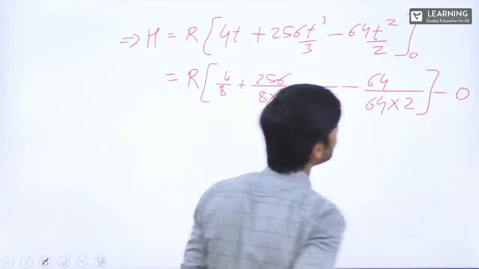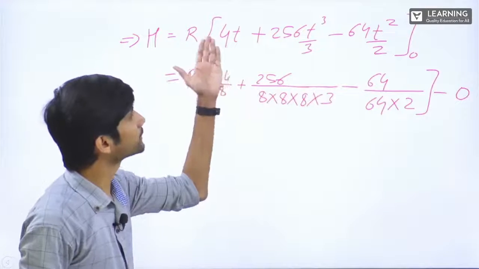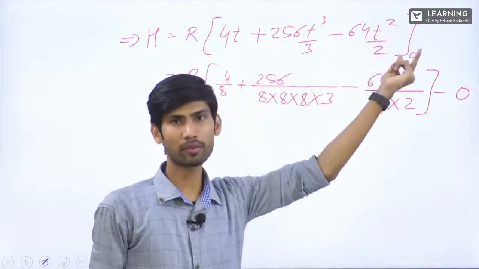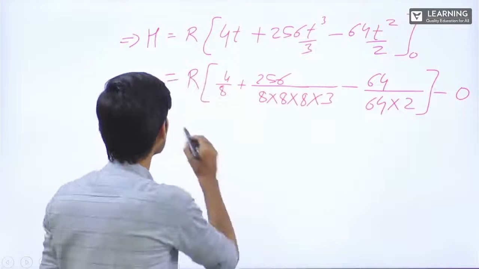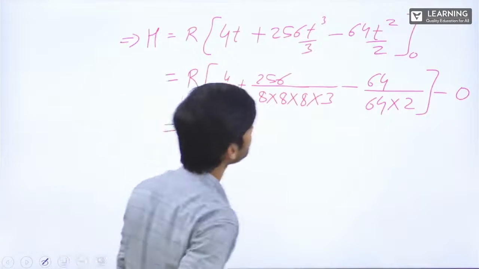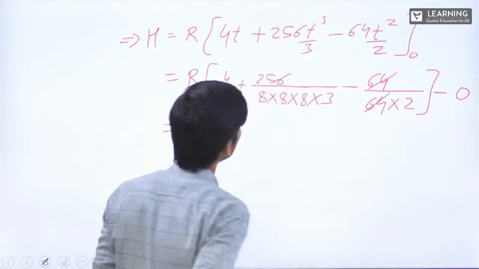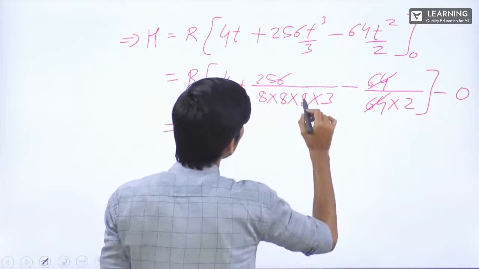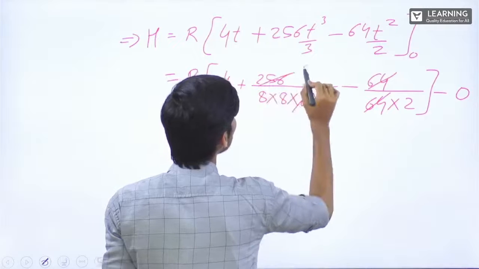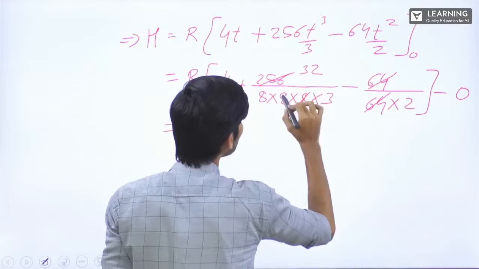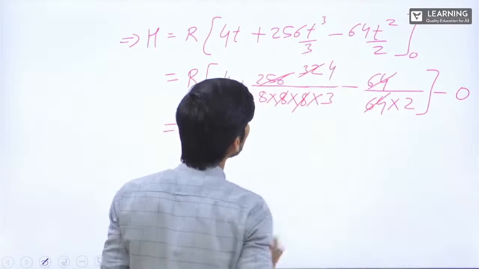Since t is in every term, every term will become 0. That's why I've written minus 0. So this will be R into 64, 64 is cancelled. Now 8 3s are 24, 8 2s are 16, 8 4s are 32.